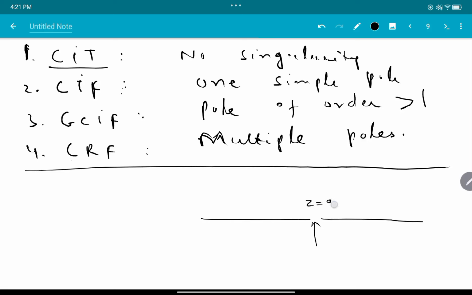Cauchy's principal value theorem is a technique for extracting this singularity and throwing it out. It performs a sort of surgery. But that is not in our syllabus, so we need not bother about that.